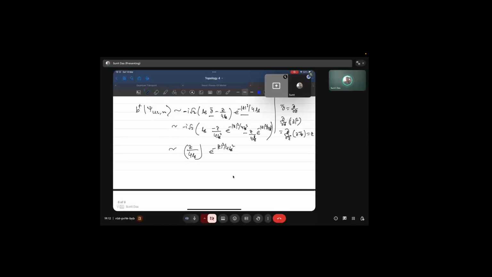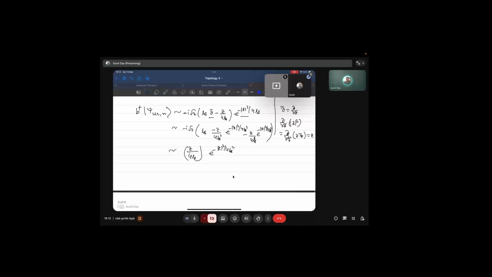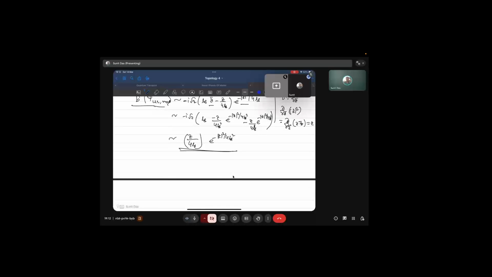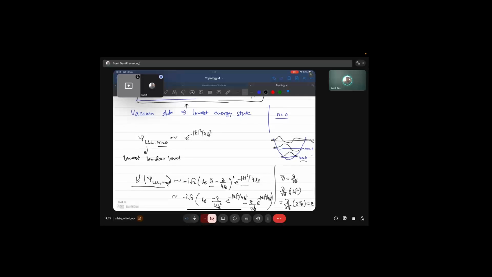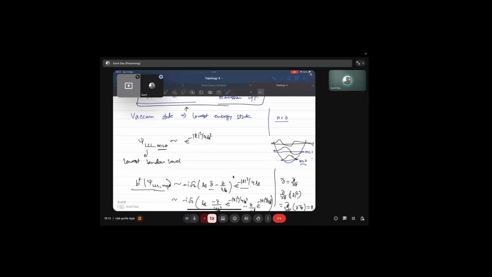So you see that if you apply B dagger once on the lowest Landau level m equal to 0 case, what you are essentially getting is this kind of thing, where this part was the psi lowest Landau level m equal to 0, and there is an extra term. And this is exactly like the harmonic oscillator case, where I showed that initially, when you are in the lowest energy state, you do not have any node.